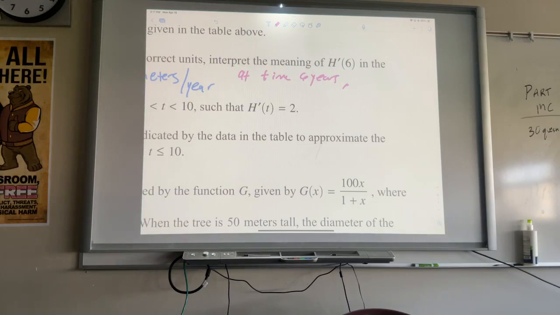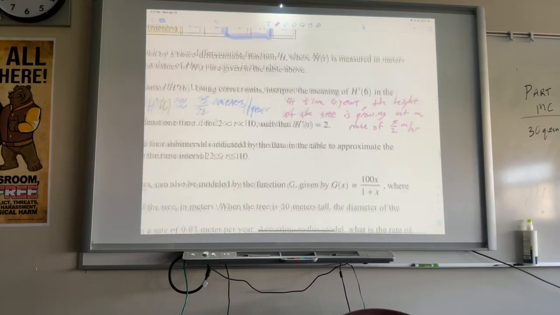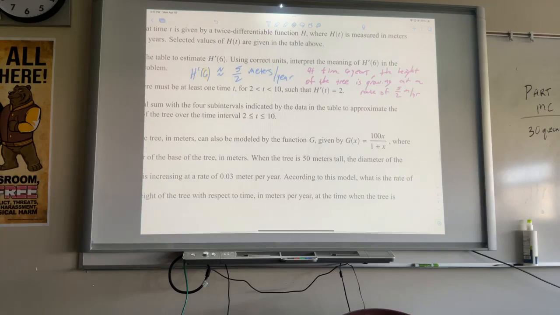Or we could say it like this: the height of the tree is growing at a rate of, you can put approximately a rate of 5/2 meters per year. At time t equals 6 years, the height of the tree is growing at a rate of, whatever. That's totally fine, as long as you have the words like rate, changing, the rate is changing, or that it's growing, or whatever. Okay?